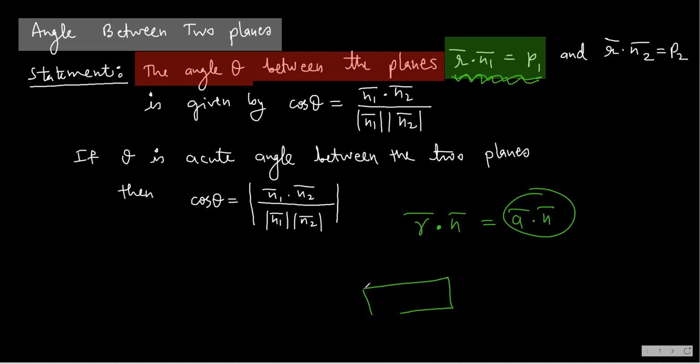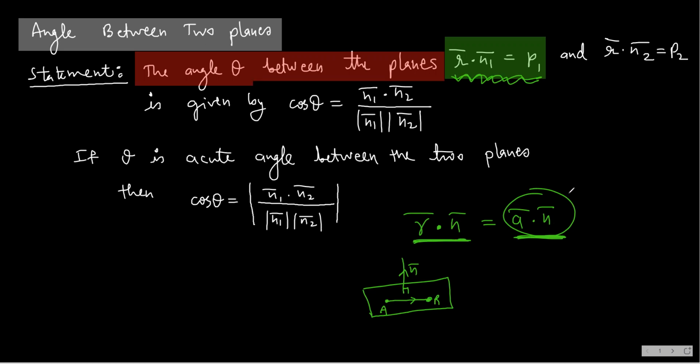This is the plane, this is the point A. Then here you have the normal vector n bar, and then you take a variable point r. So AR bar is perpendicular to n bar. So when you simplify this, AR bar dot n bar is 0. You get r bar dot n bar is equal to a bar dot n bar.